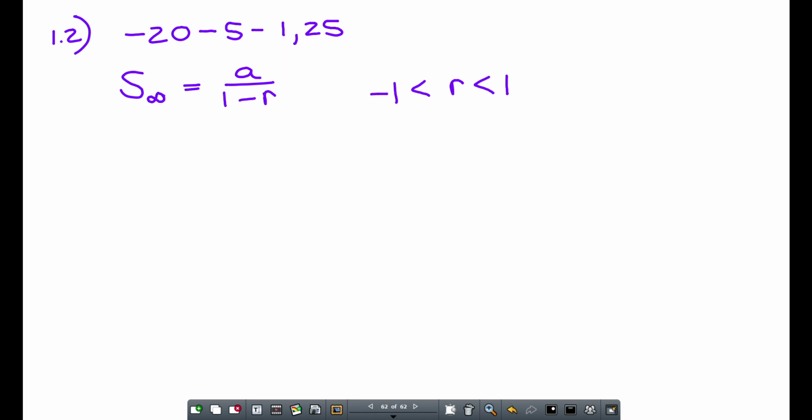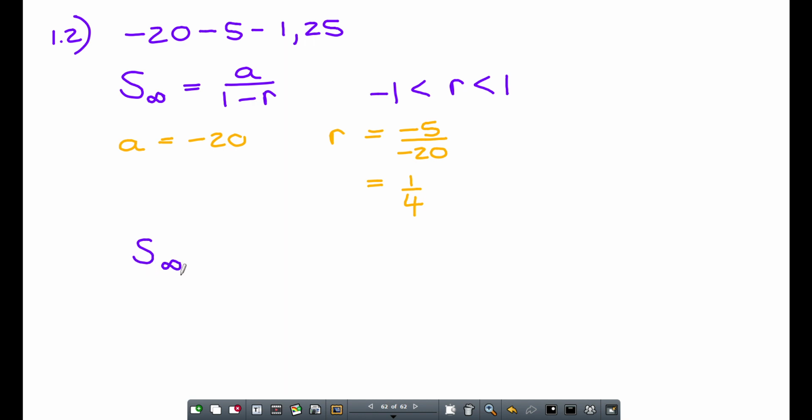No. Okay, so let's first go get A will be the minus 20. R we still got to get, and that would be term 2 over term 1, which means that it's a quarter. No. Okay, so now kan ons gaan instel.